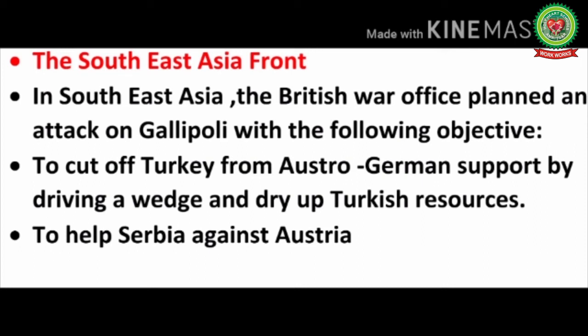Britain wanted Turkey to be dealt with alone, without support from Austria-Hungary or Germany. The second objective was to help Serbia against Austria and to include the Slav community into Serbia.